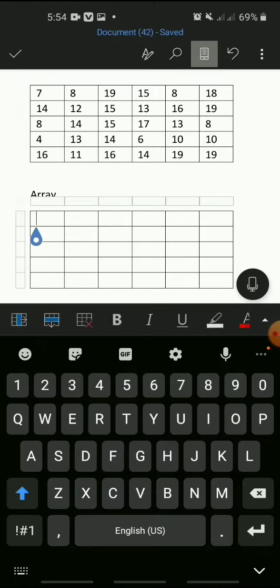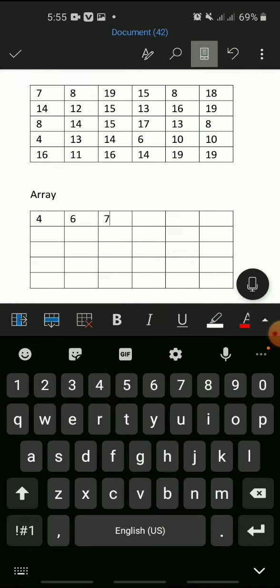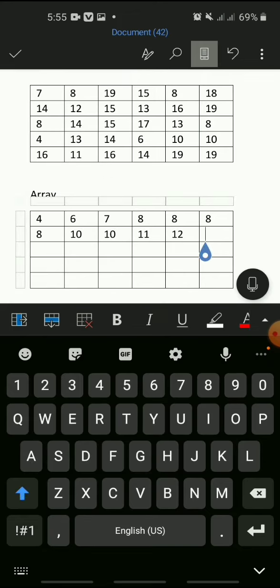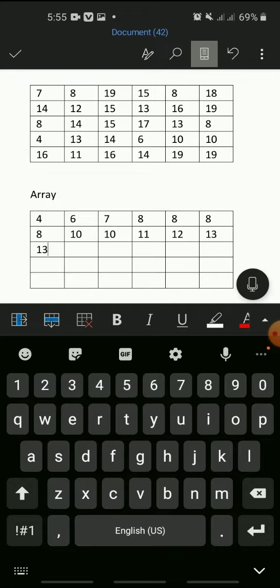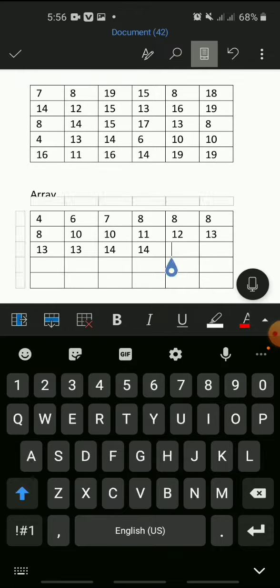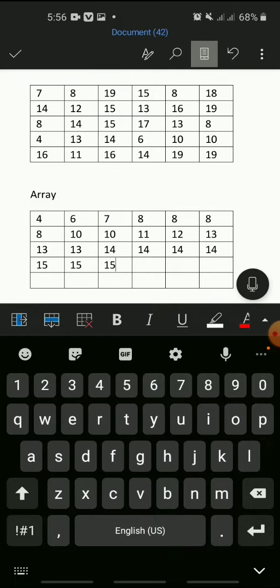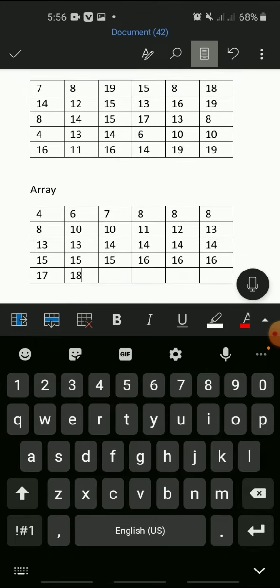So the lowest is 4 and 6, 7, 8, 10, 11, 12, 13, 14, and 15, 15, and then 16, then 17, 18, then 19.